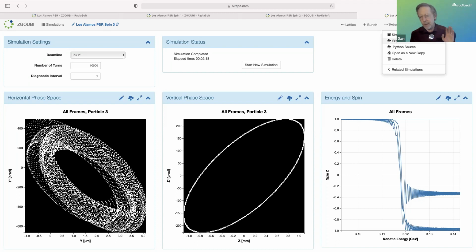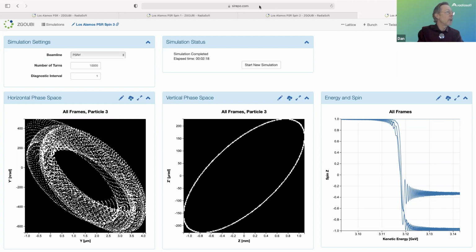That's definitely one of the nicest features about Sarepta, is that because of the difficulty of working with Zgoubi, it's very nice to be able to create the lattice in Sarepta and then export it and do other things that might not be available in Sarepta with that lattice.